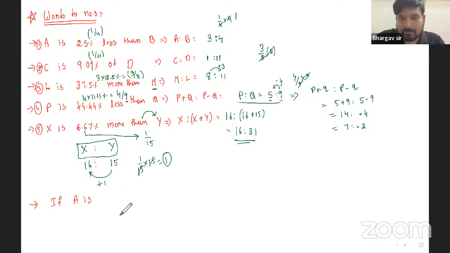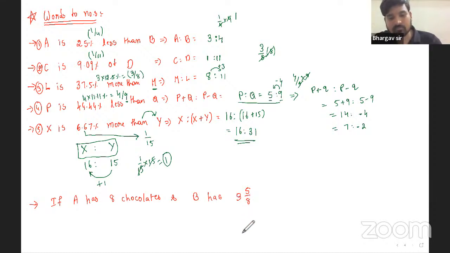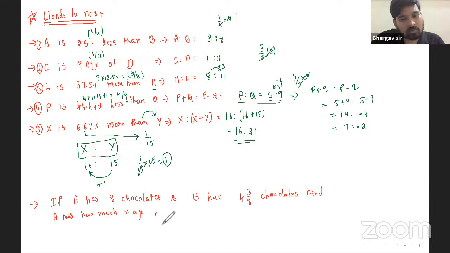If A has 8 chocolates and B has 4 3/8 chocolates, find A has how much percentage more than B? Tell me.